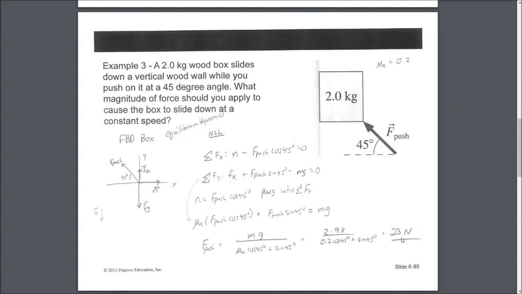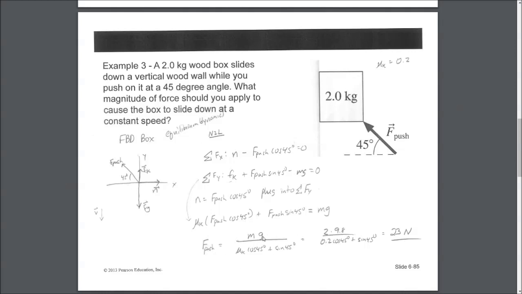I don't know, probably not. But I'm making an assumption here that we've lessened our push to the extent that the box does start to move, and then I adjust my force to give it a constant speed. So just realize that. But you can always check that for yourself by just switching all the mu sub k's to mu sub s's and do that.